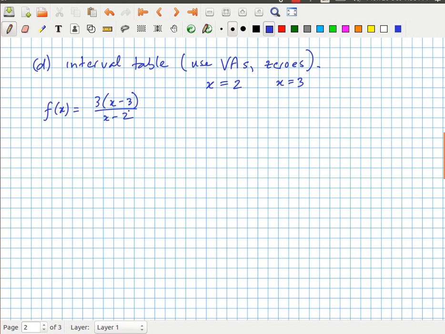For my interval table, I'm going to use the value 3, the factor x minus 3, and the factor x minus 2. My first interval is going to be based on the value 2, and that one is a vertical asymptote. My next interval is going to be based on the value 3, and that's a 0. That means these intervals are going to be: negative infinity to 2, 2 to 3, and 3 to infinity.